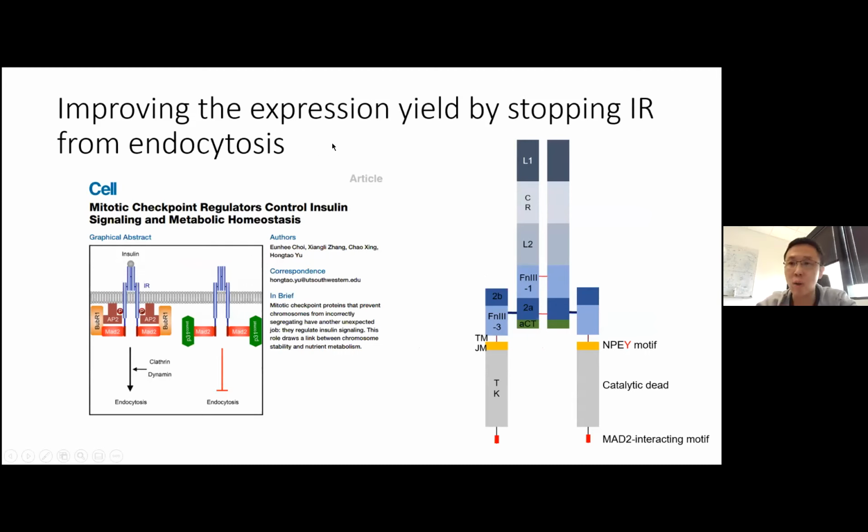So one trick is to mutate the residue on the receptor that is important for endocytosis, because once the receptor is activated, it will quickly get internalized through endocytosis. If we mutate the residue that controls endocytosis, we can increase the yield almost 1,000 times. That really helps us get enough protein for the structural and functional study.